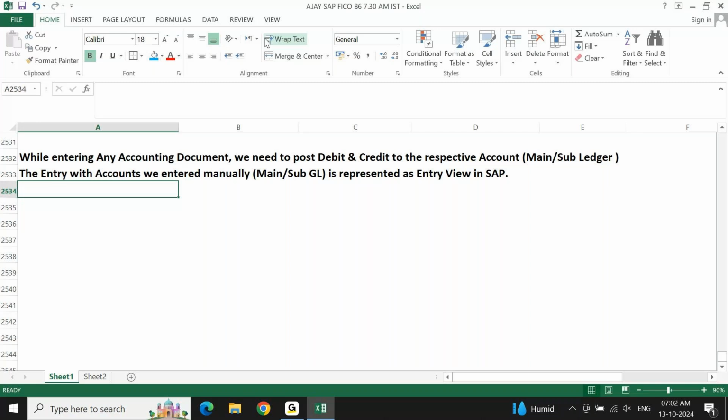Before you enter anything, you cannot tell system what is to be debited, what is to be credited, right? How will system know what is debit, what is credit until you enter the document?